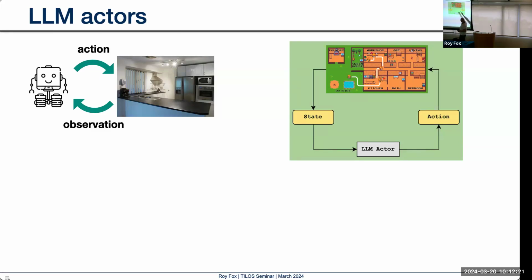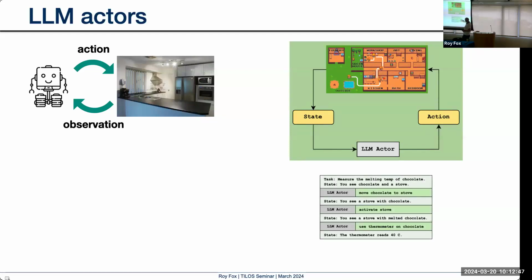So looking at the state of this world through textual description, then applying some text generation to generate textual actions that are then taken in this world. The simulator of the world can take in these textual actions, move the state forward and give back the textual state representation.